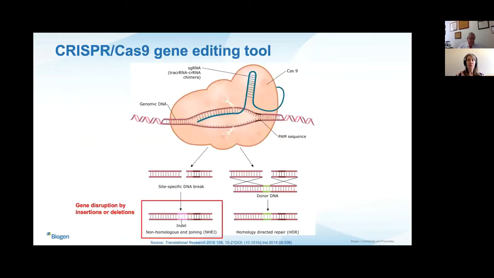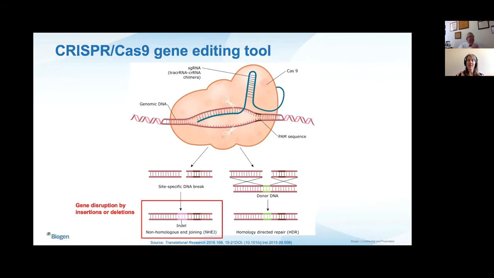And I think everyone here today on the call is pretty familiar with CRISPR-Cas9, so I'm not going to go into how it makes its edits, but more into how we harness it as part of our screening technology. When CRISPR-Cas9 makes a site-specific DNA break, there are two main repair mechanisms: homology-directed repair and non-homologous end joining. Most of the time, the cell uses non-homologous end joining.